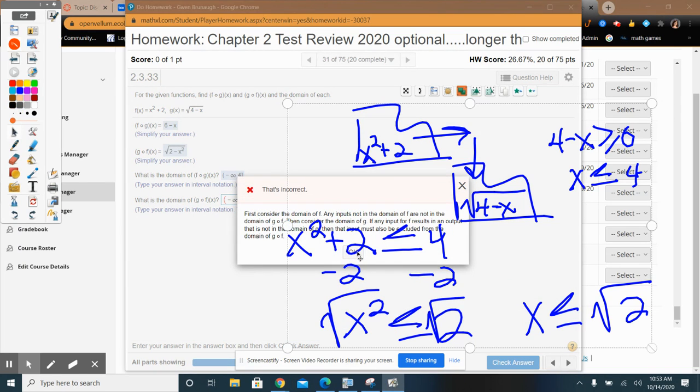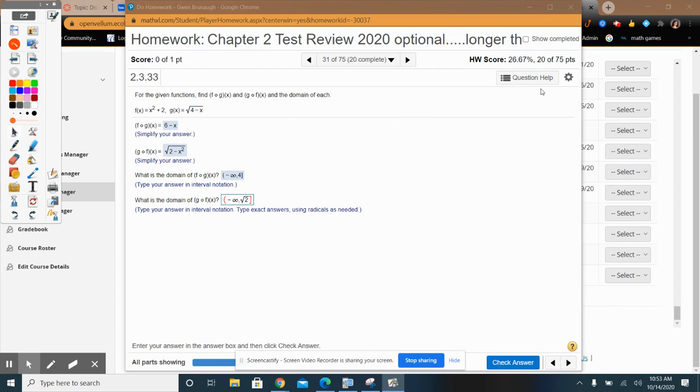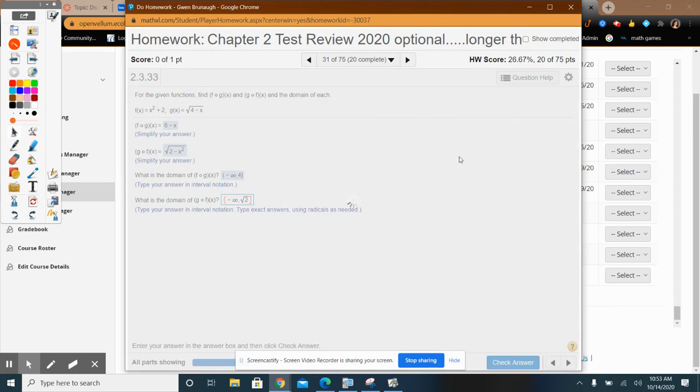What did I mess up now? Nothing breaks this one. This one, I can only plug in numbers less than or equal to 4. So x squared plus 2 has to be less than or equal to 4. Minus 2, minus 2. Square root both sides. I don't know. Let's see what they said if I go to question help.